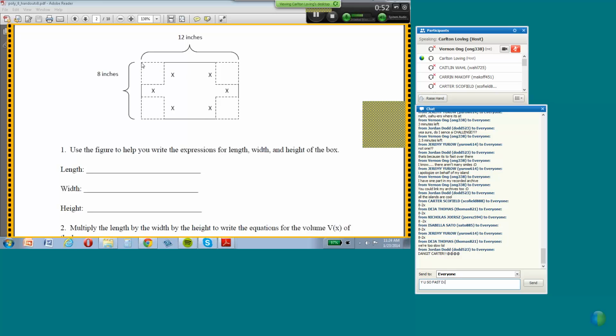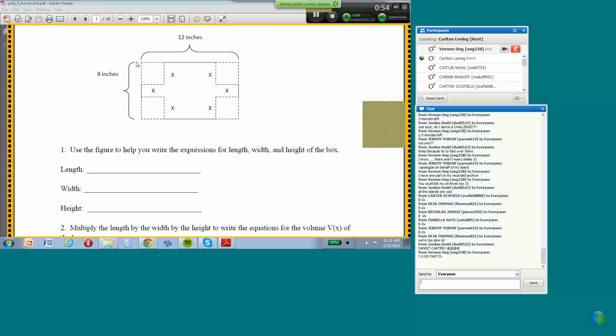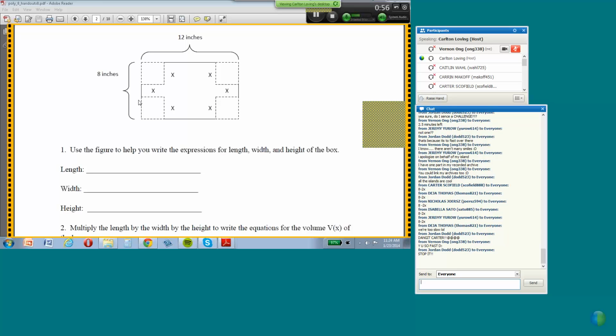Yeah, because we got the total width is 8, and we're chopping pieces out. So does everybody got it with the 12 minus 2x and the 8 minus 2x, where we're getting these expressions from?